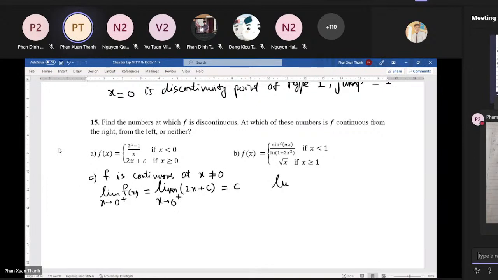And the left-hand limit of f as x approaches 0 from the left, we use the formula 2 to the power x minus 1. By the particular limit, this equals the logarithm of 2.